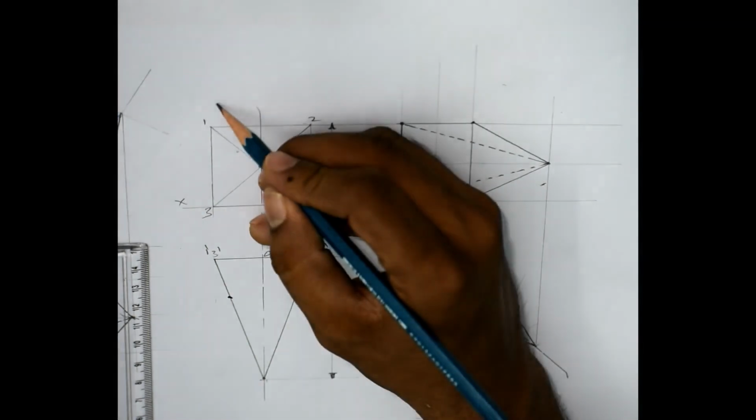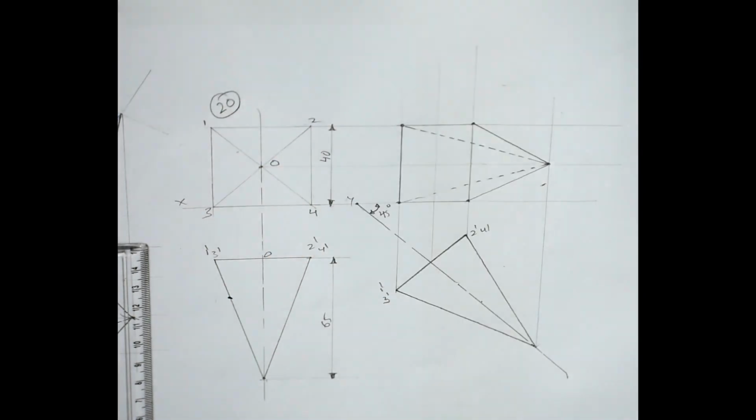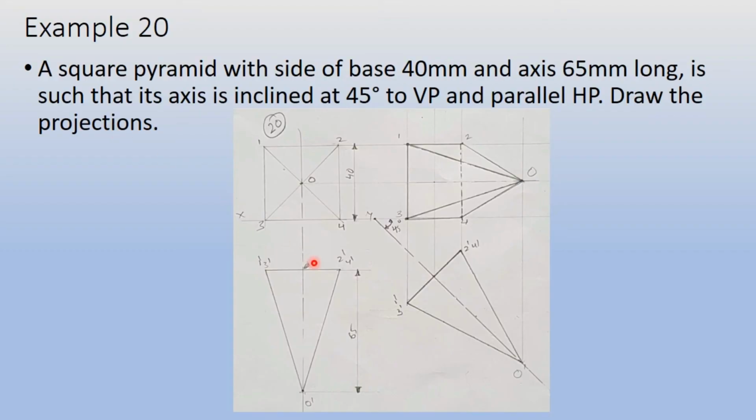Hence our question exercise number 20 is completed. Now this is the final solution of your question. As you can see here, this is the assumed square pyramid on the vertical plane, and you can see the top view being tilted here.